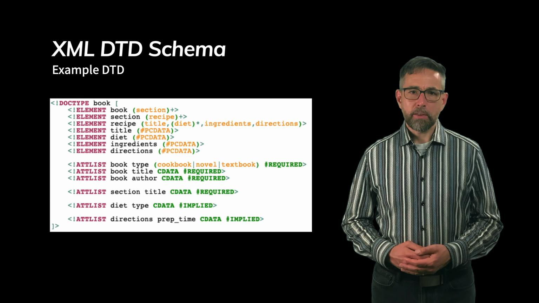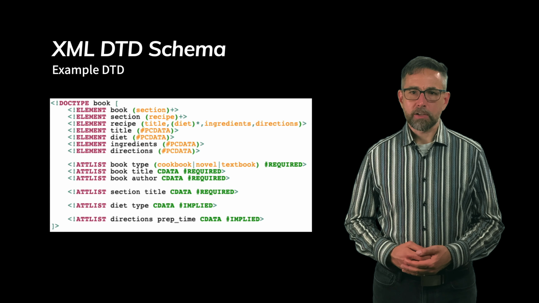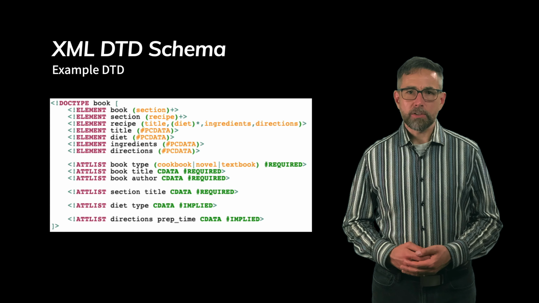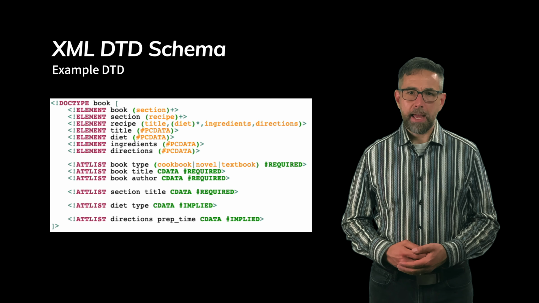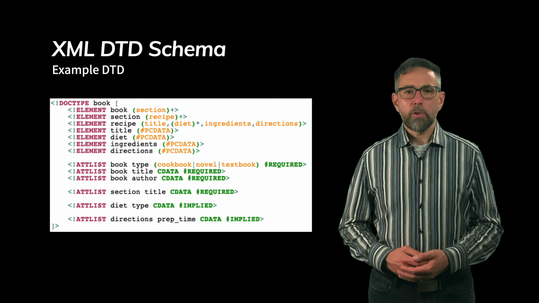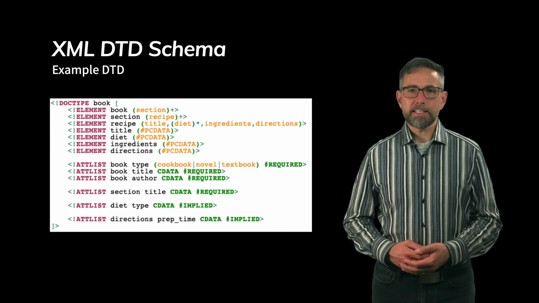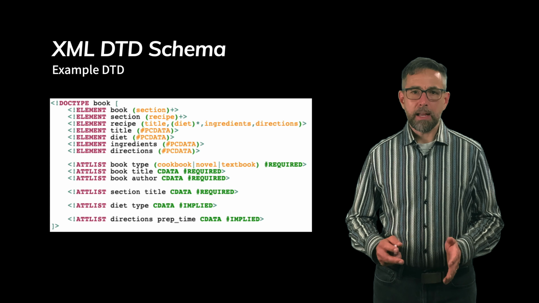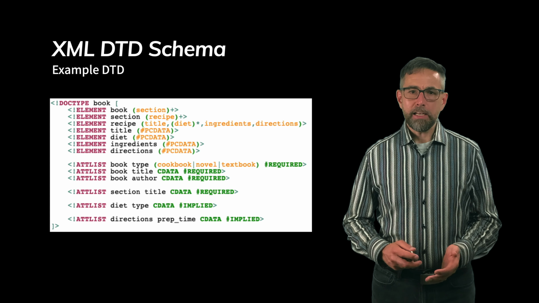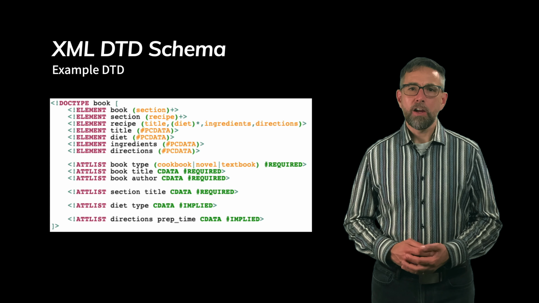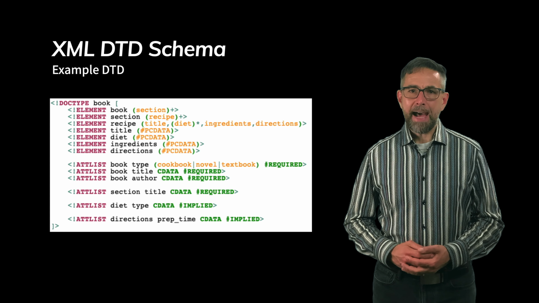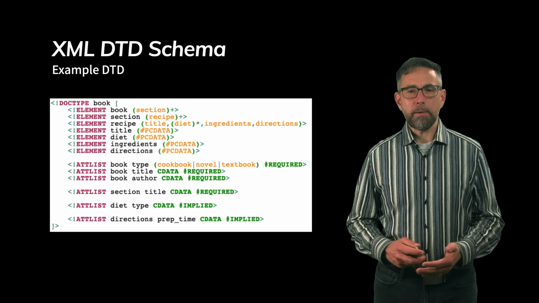What follows each one of those tags in the element declaration is a small language describing what kind of children you can have. So the way that you read this is the book tag is allowed to have section tags as children and nothing else. By putting it in parentheses with a plus sign there, we're saying that every book has to have at least one and maybe more.